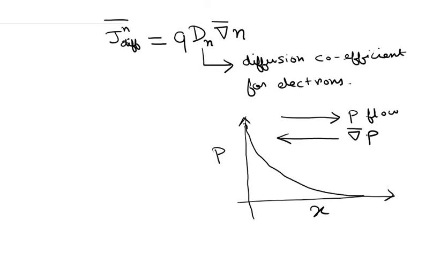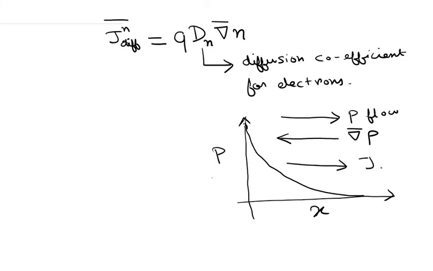Now what is the direction of current in this case? Note that holes have a positive charge because they are basically a vacancy of electrons. So the direction of current in case of holes is the same as the direction of flow of holes. So current will flow in the same direction in which holes are flowing. Now the holes are flowing towards the positive x direction, so this current would also flow towards the positive x direction.